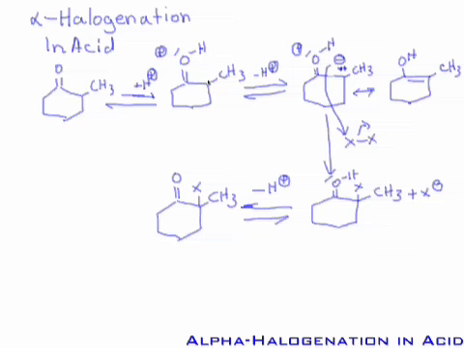And if you have an electronegative atom, that's going to interfere with that process because the carbon will get a delta plus, the electronegative oxygen's orbitals will shrink, they will become less basic, and this protonation step will be slowed down. So subsequent halogenations are difficult in acid.